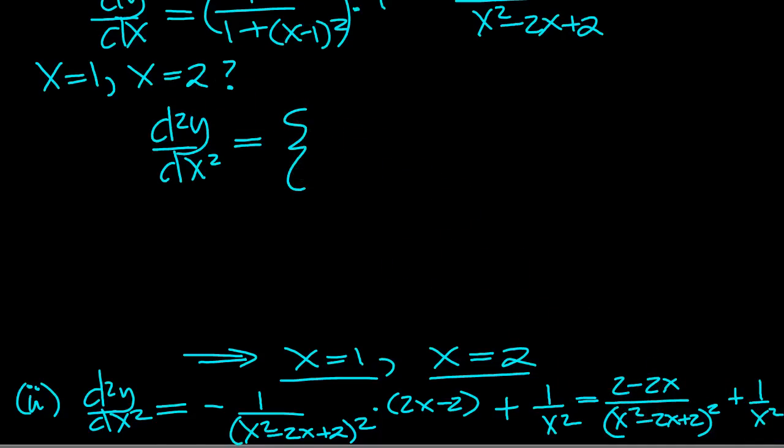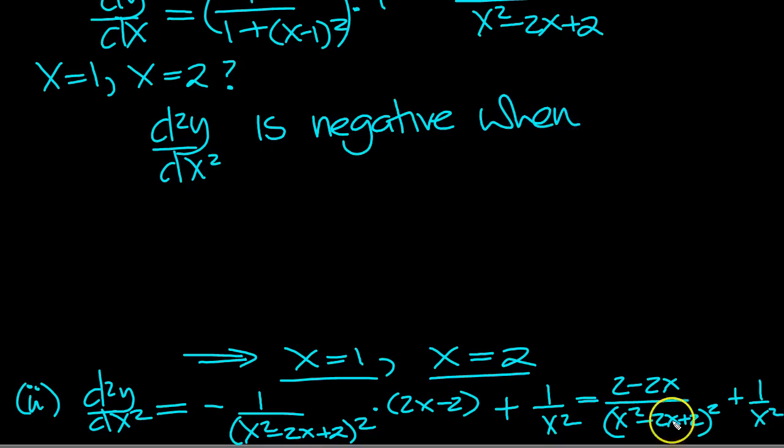So d2y by dx squared then is negative when, well, the only possibility, because this is always positive, this bottom bit's always positive, it's only when this is negative. That's the only possibility.